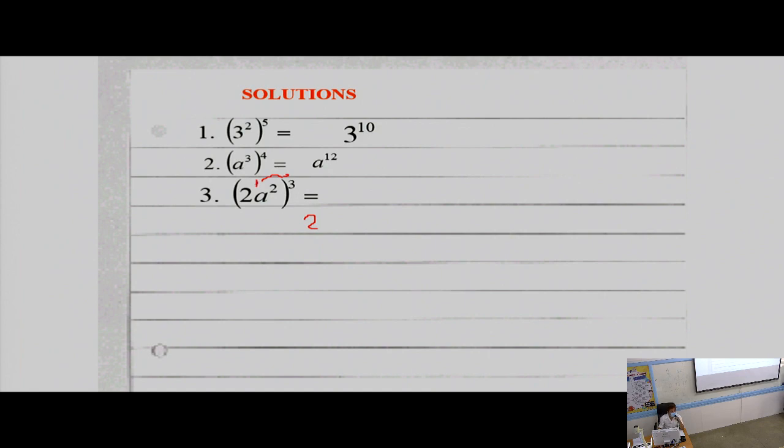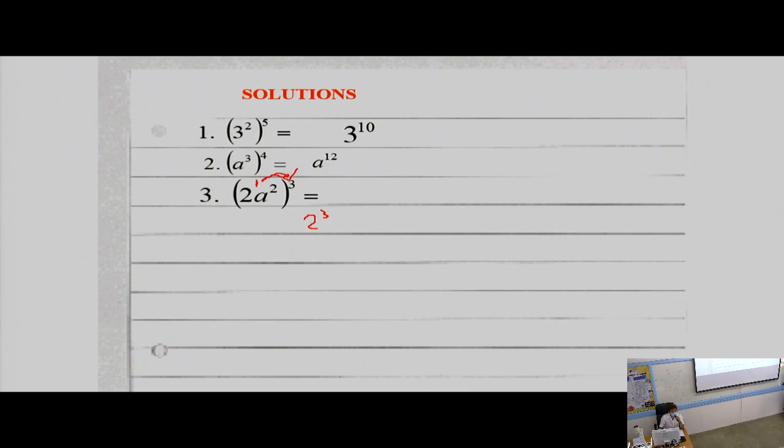A product that is raised to a power, each piece will get a power. So 2 to the power of 1 to the power of 3, what is the answer? 2 to the power of 1 times 3. Do you understand? Each of the given pieces will get the power.